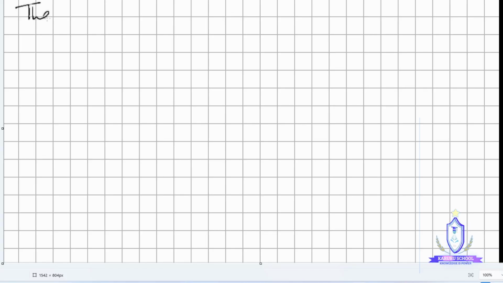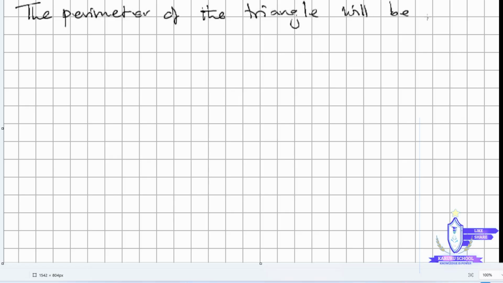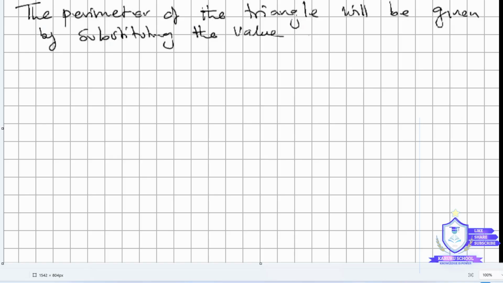So the perimeter of the triangle will be given by substituting the value of x in the figure.